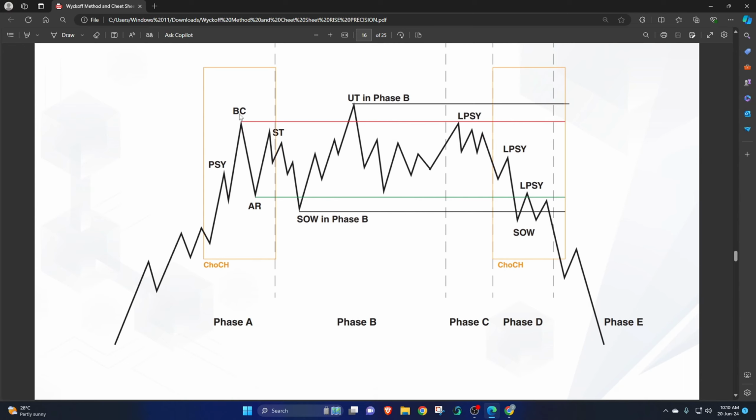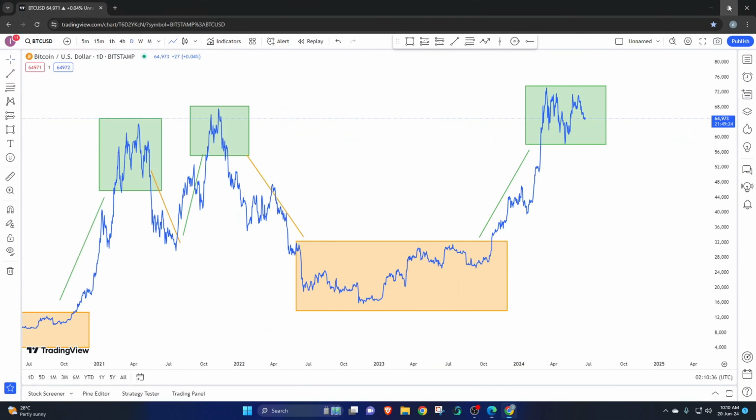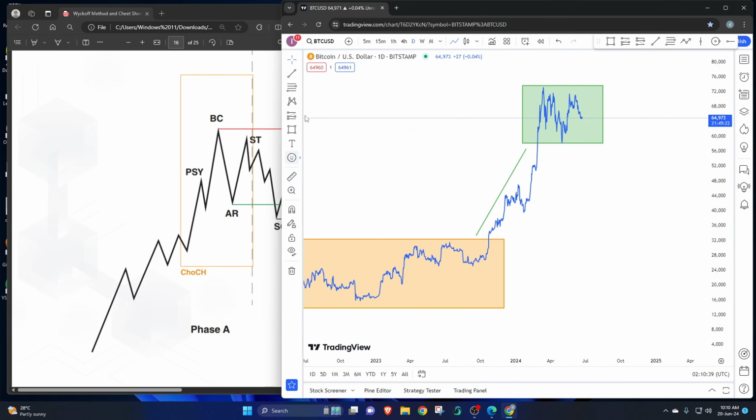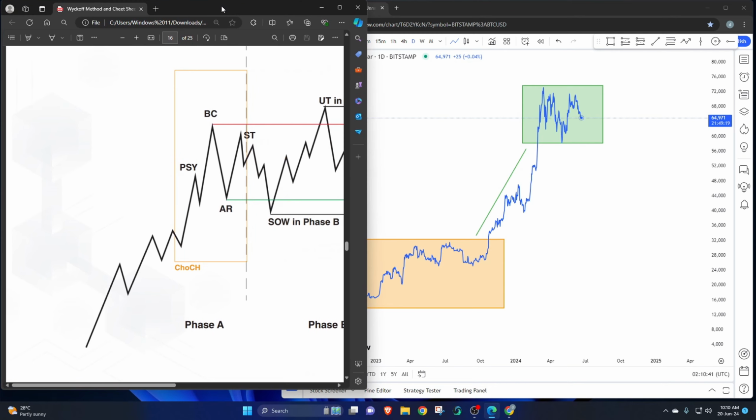So when you look at phase A, let's bring these windows side by side.